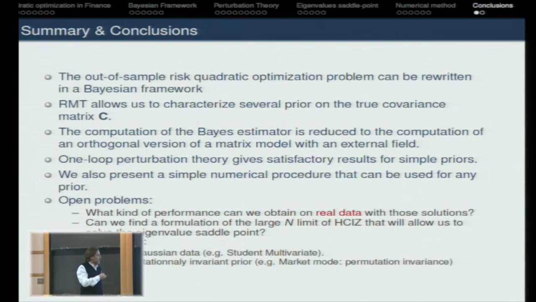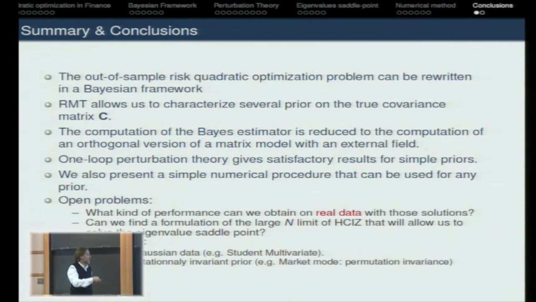But I think it's always important, even if you have a numerical procedure, to go as far as you can analytically to really understand the structure of your problem. The first open problem that we need to do now is to look at real data and see how it performs on real data.